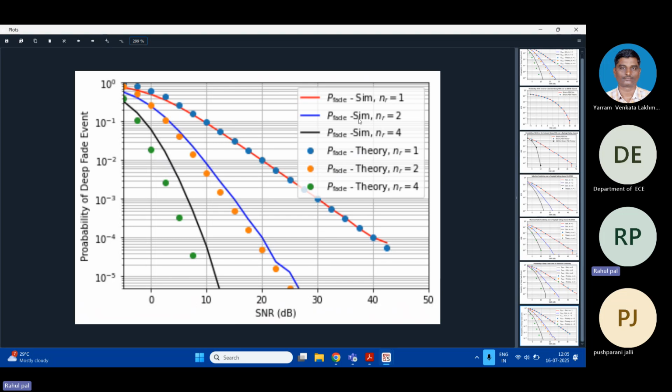Then I calculated it and compared with the theoretical ones for a small number of iterations. So that's why there is a little deviation between the theoretical one and the simulated one. Okay. So now you can see here also the error probability is reduced when we are increasing the number of receiving antennas.